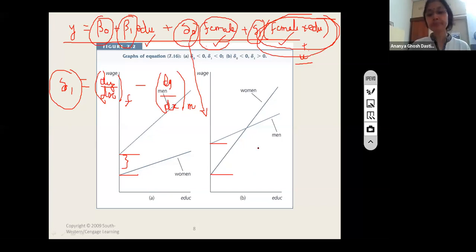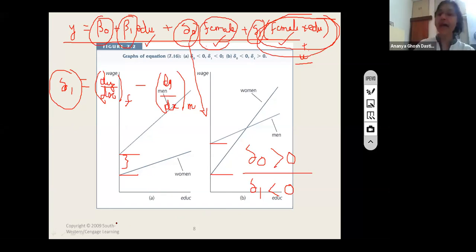So suppose I see that delta naught is positive and I see that delta 1 is negative. What is that telling me? Remember, delta naught is the difference in the averages.